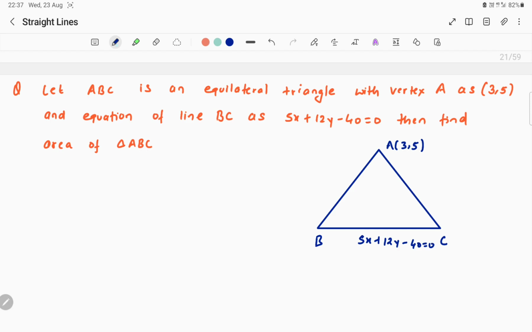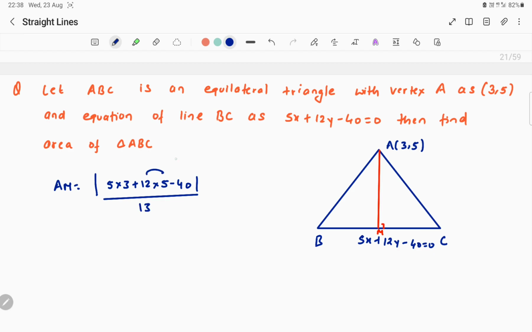So my first question is, is it possible to find this perpendicular distance? Answer is yes. So let's find AM. AM is the mod of 5 into 3 plus 12 into 5 minus 40, divided by root under 5 square plus 12 square, which, I'm sure you know, is 13.